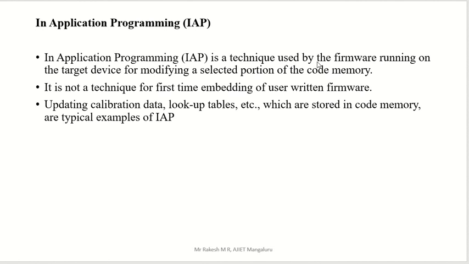This one is used only for modifying purpose. We can't initially load any code. That's why they say firmware running on the target device modifies a selected portion of the code memory. In the code memory we need to install code initially in some other manner, but with in application programming we can modify that code.